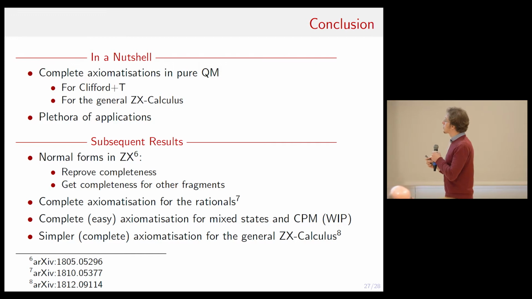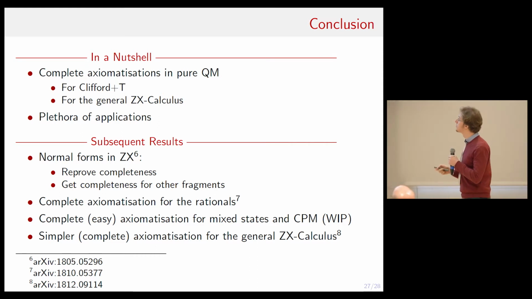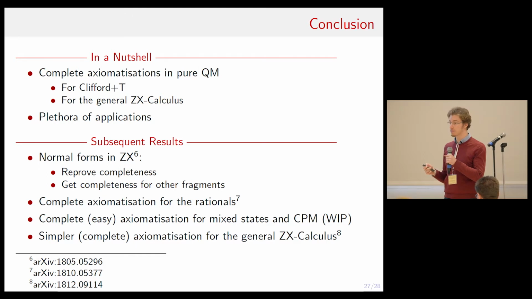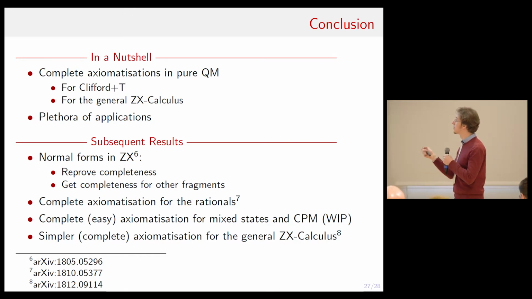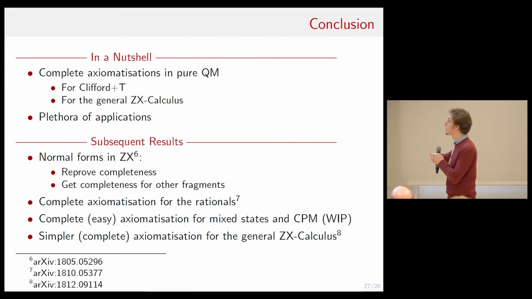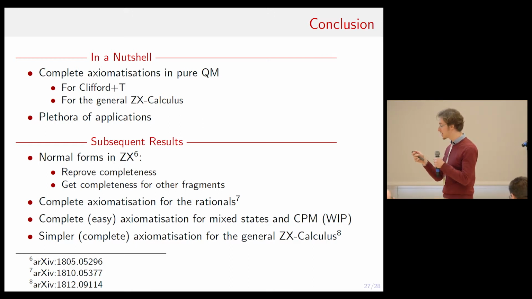And also I wanted to talk briefly about some results that came after these two first results. So now we have a normal form in ZX calculus, whereas previously the proof used the third-party language ZW calculus. But now with normal forms, we can prove the completeness inside the ZX calculus itself.